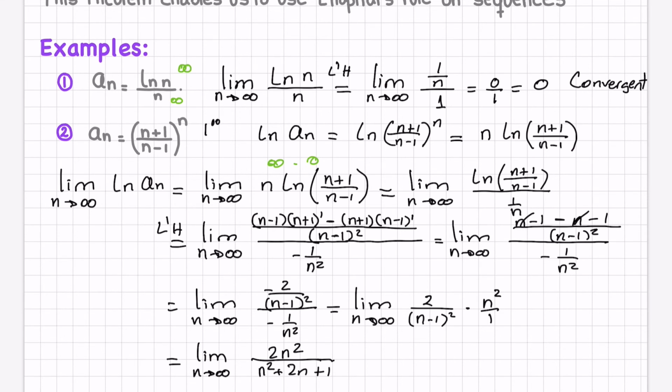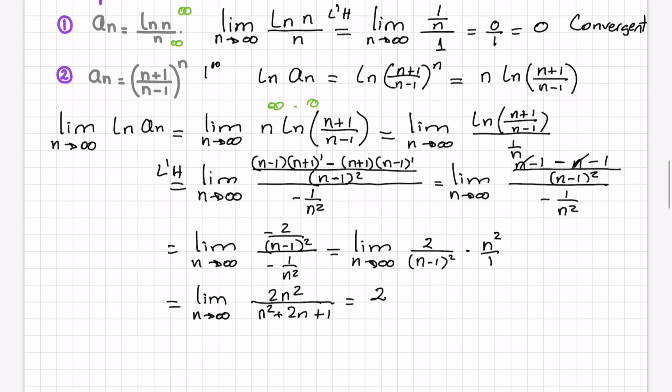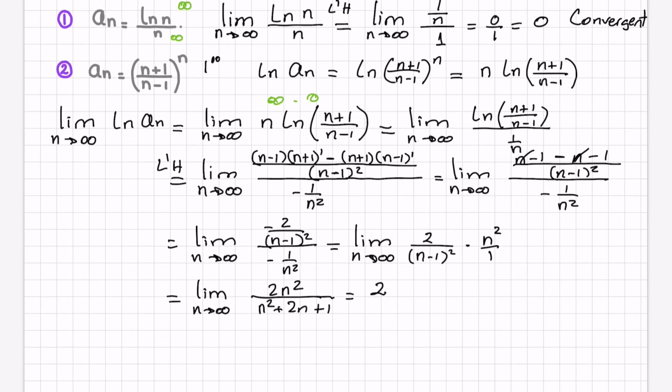Then you have a rational function with the same degree. The limit is the ratio of the leading coefficients, so the limit is 2. I don't know what they did there. Give me a second, let me check this. I think there's a mistake in the handout. Okay, so the limit is 2.